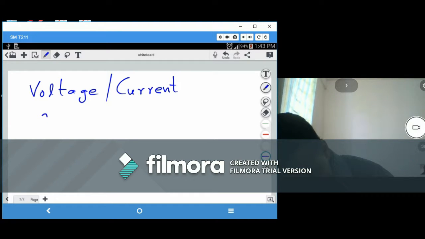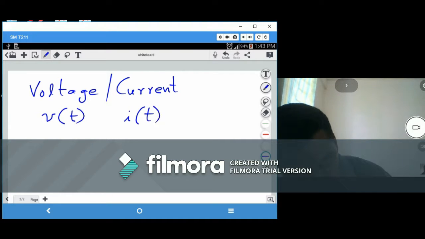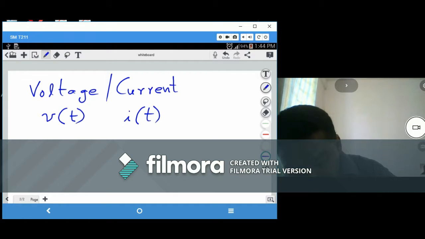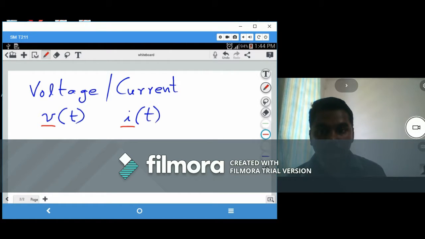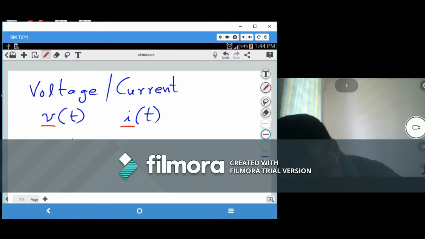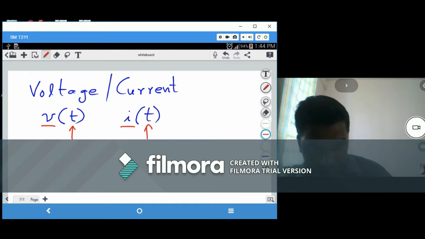So the voltage signal is represented as V of t and the current signal is represented as I of t. The function of interest in this case is V and I, which represents the voltage or the current. And the independent variable here is the time t.